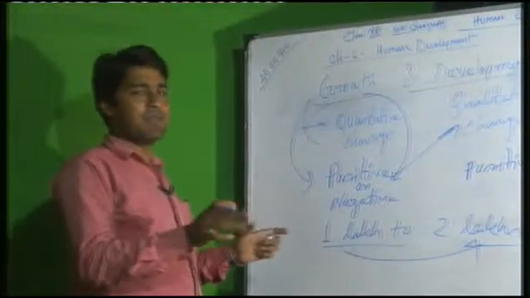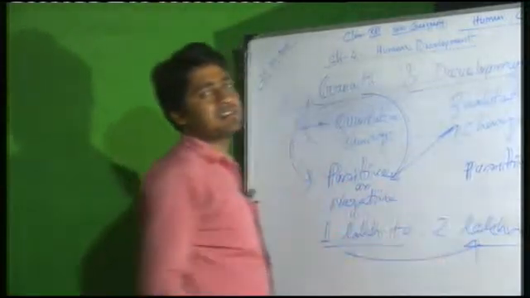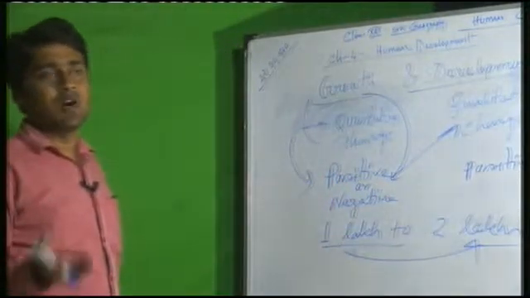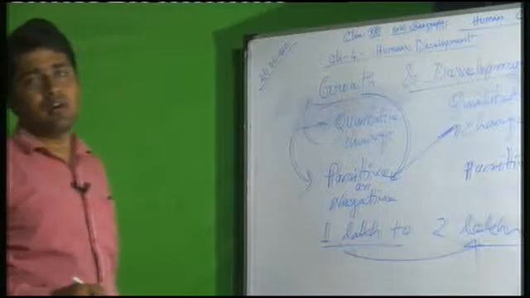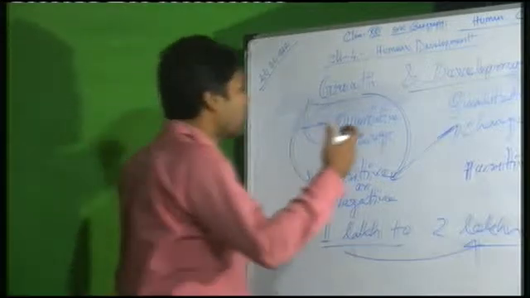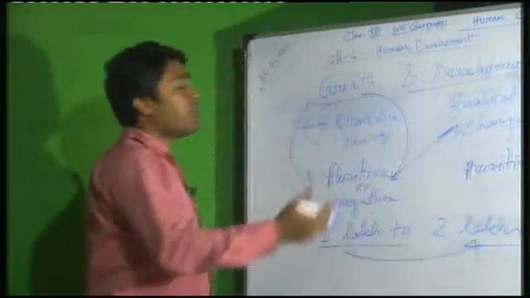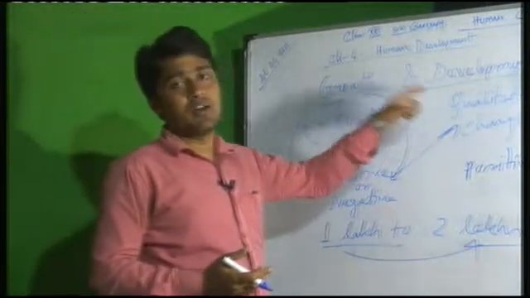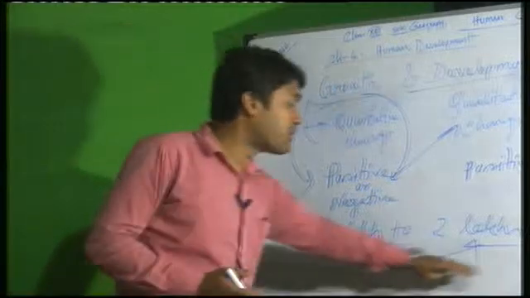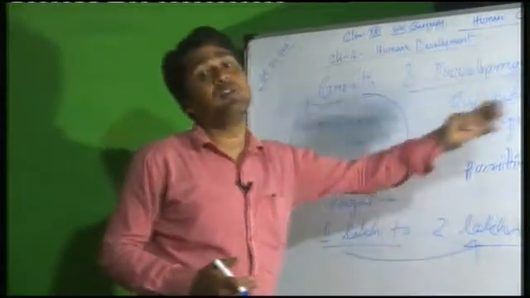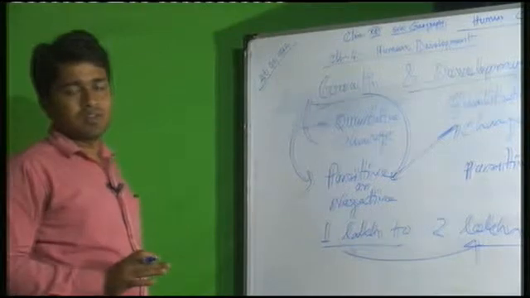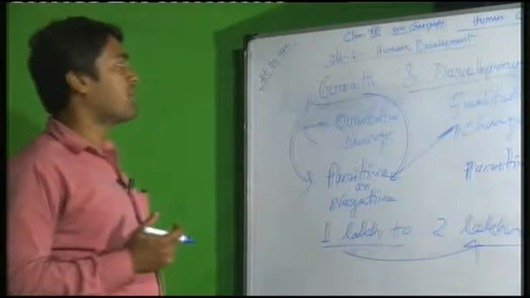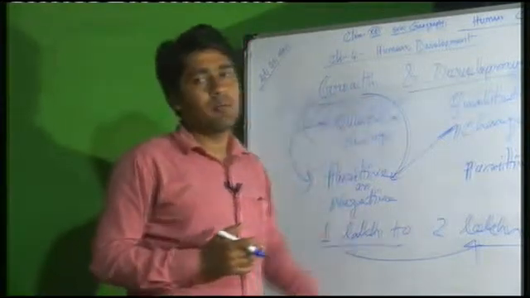The facilities will be the same, but the number of population increases. So obviously we can say that development does not occur in that particular city. Why? Because development is possible when, with the increase of the population, these facilities also increase. So that's why you can understand that growth and development are not the same.